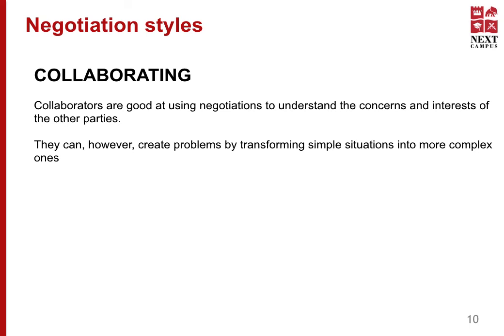Collaborating. The collaborating style of negotiation is interesting because it involves individuals who enjoy negotiations that involve solving tough problems using creative ways. Collaborators are good at using negotiations to understand the concerns and the interests of the other party. They can, however, create problems by transforming simple situations into very complex ones.